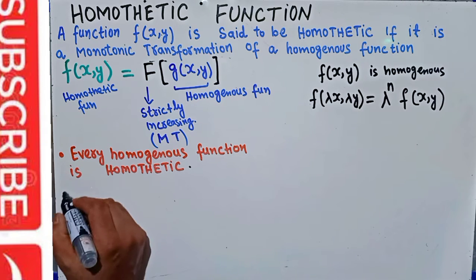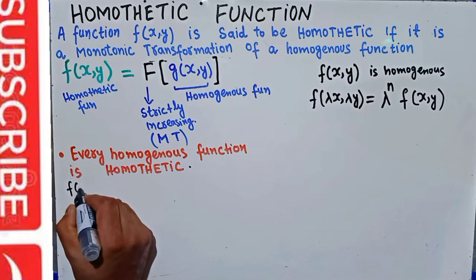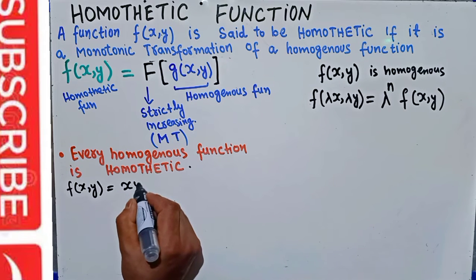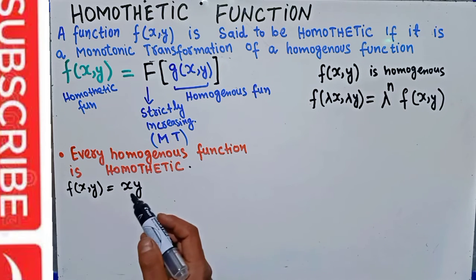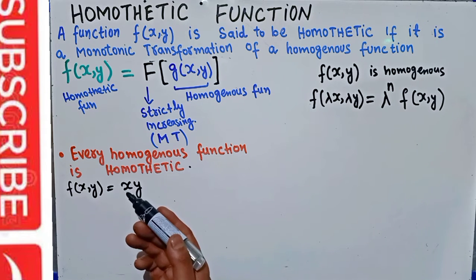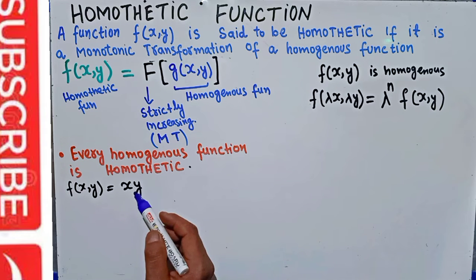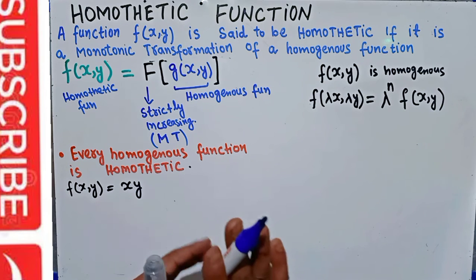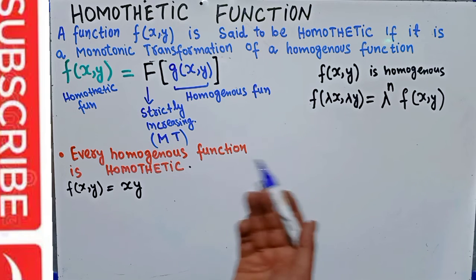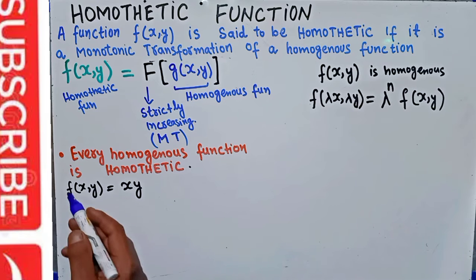Let us say we have a function f of x, y equals xy. I am told to prove whether this function is homothetic or not. I simply need to prove that it is homogeneous. If it is homogeneous, then it is automatically homothetic. How do I prove that it is homogeneous?